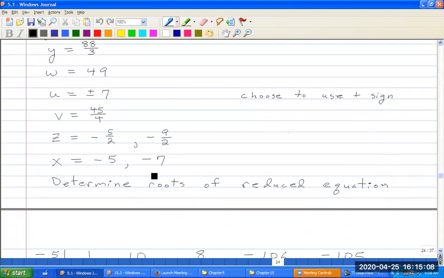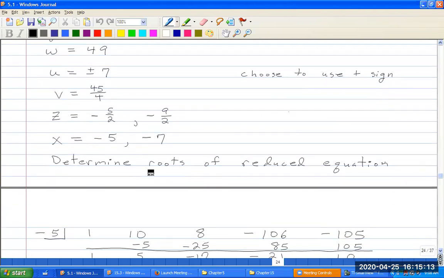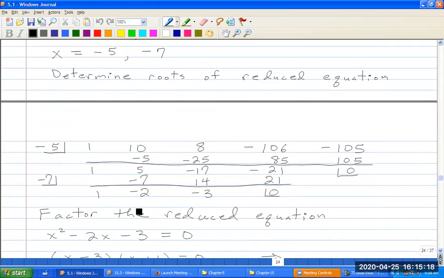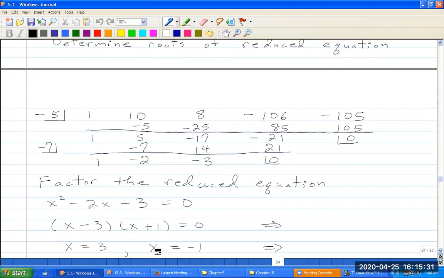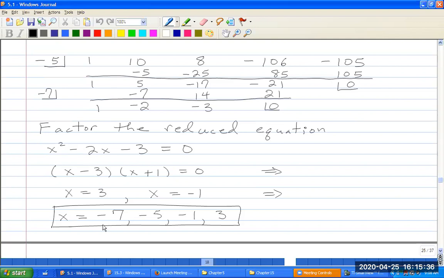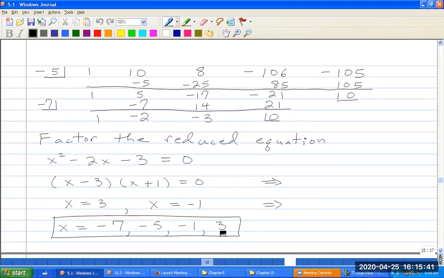Well, you can use either of these two, but since they're both nice, you can reduce your equation. Divide by x plus 5 and x plus 7 to get this reduced equation. And then you can solve it. And so then you get x is negative 7, negative 5, negative 3, and 1.